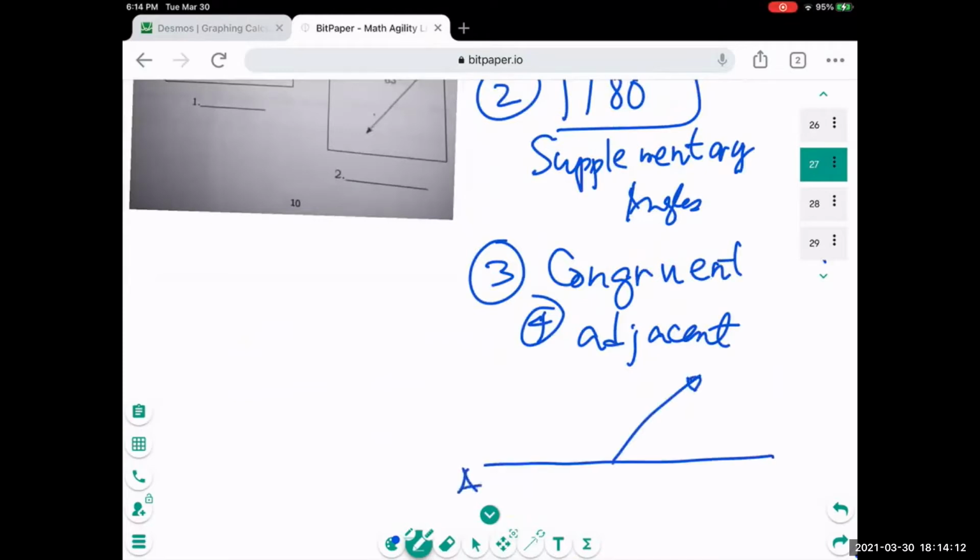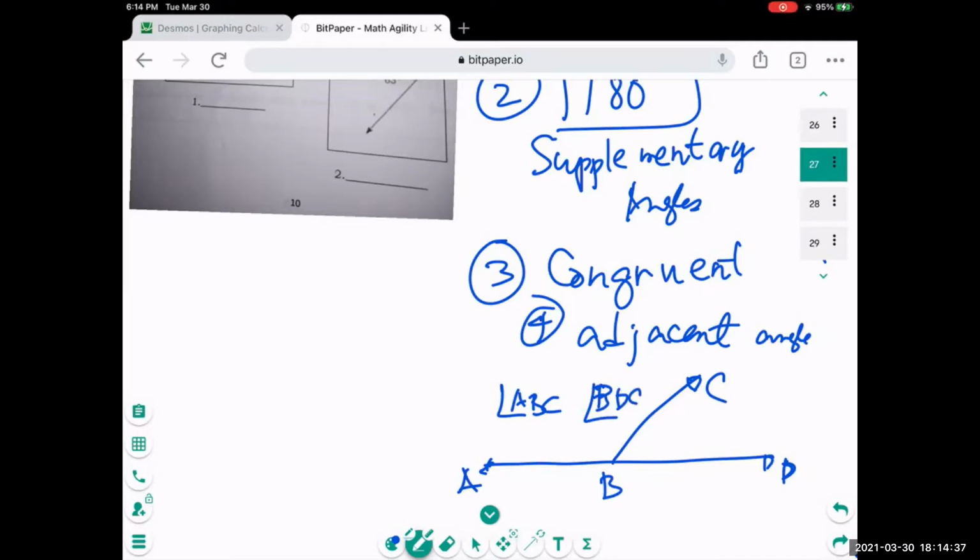So this is A, B, C, and D. Angle ABC is an adjacent angle to angle BDC, right? Angle BDC.